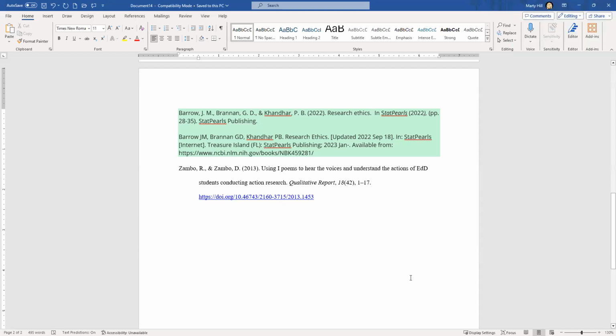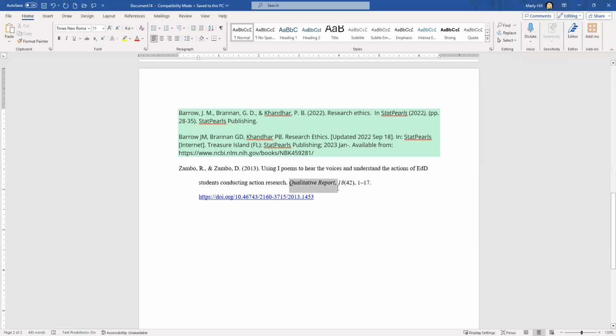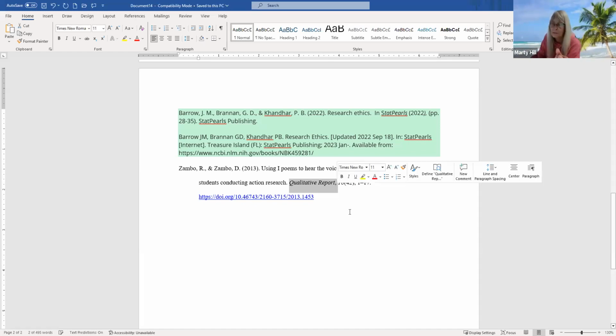Titles of the journals that the articles are in are written in title case. Not titles of books, I'm sorry, are written in italics, but the book titles are written in sentence case. I'm sorry, I just confused you all, and my apologies.